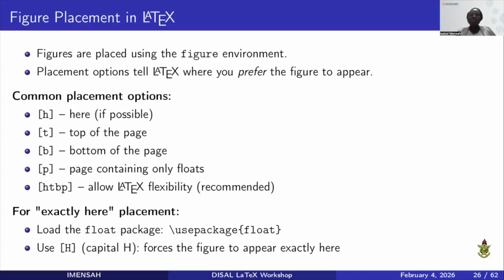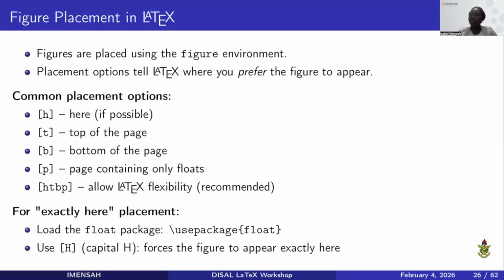Now, sometimes you really want the image to sit at a particular place, and it's not sitting there. In that case, you can use the big H. But the big H, you always have to use it with the float package. When you call the float package and then you specify big H, it forces the image to appear exactly where you want it to appear.